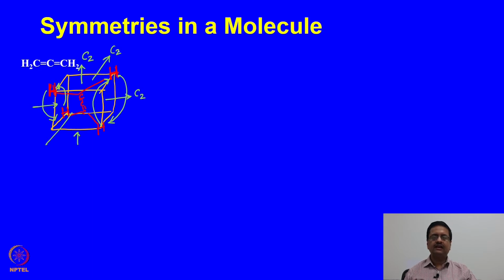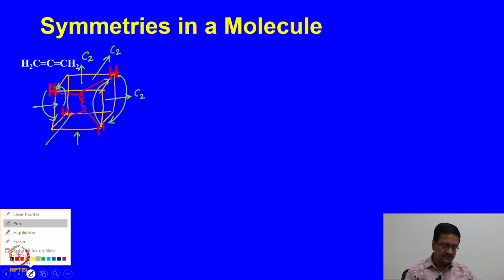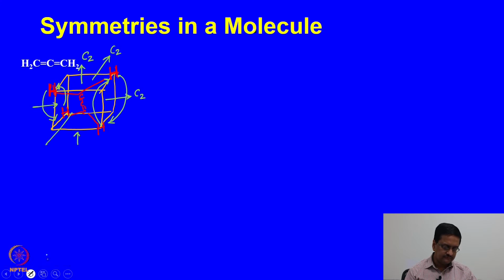So, here what we have is 3 C2 axes, and then a set of mirror planes which contain these individual C2 axes. If we divide the cube like that, that is a mirror plane.